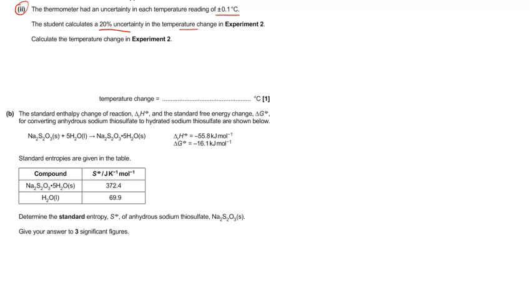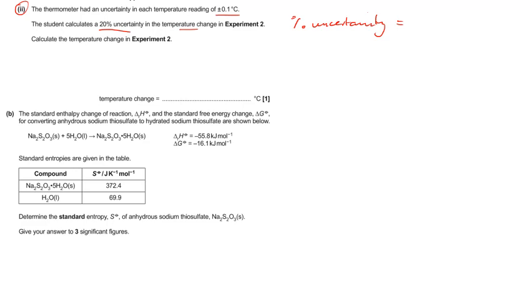So I'll use the space on the right here. The usual equation is the percentage uncertainty, is the number of times you use the instrument.